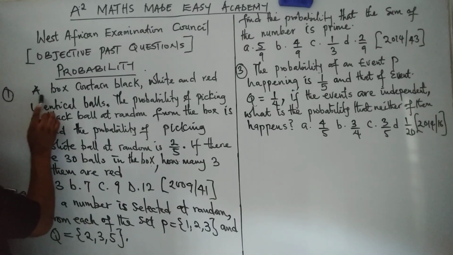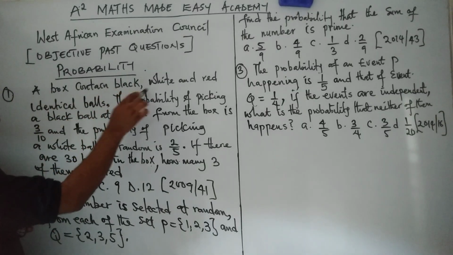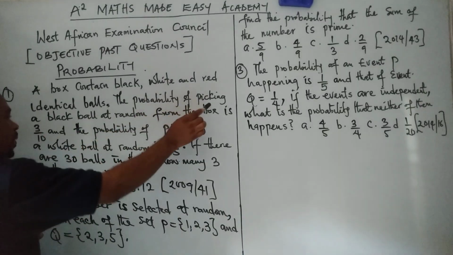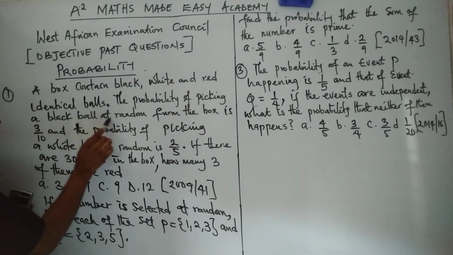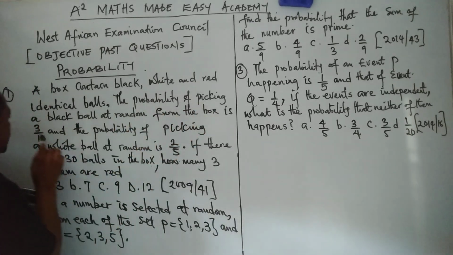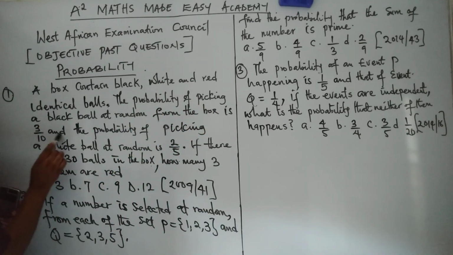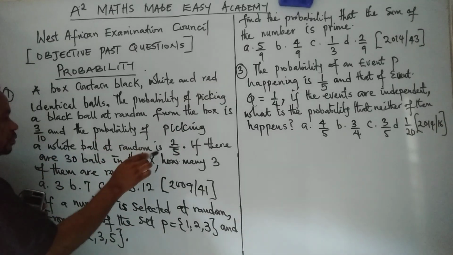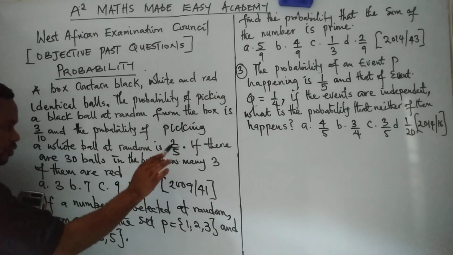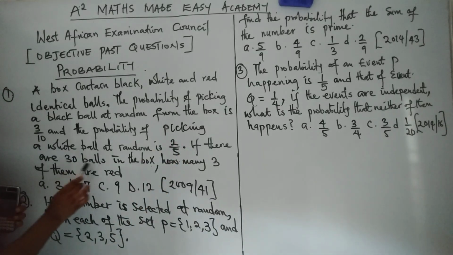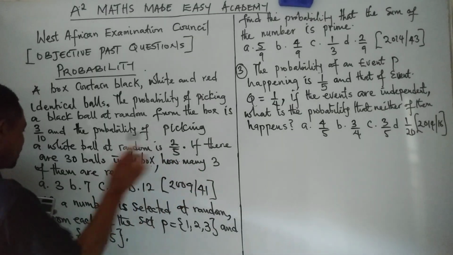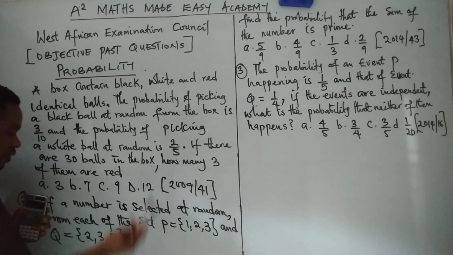Now number one says a box contains black, white and red identical balls. Now the probability of picking a black ball at random from the box is 3/10, and the probability of picking a white ball at random is 2/5. Now if there are 30 balls in the box, the question says how many of them are red?